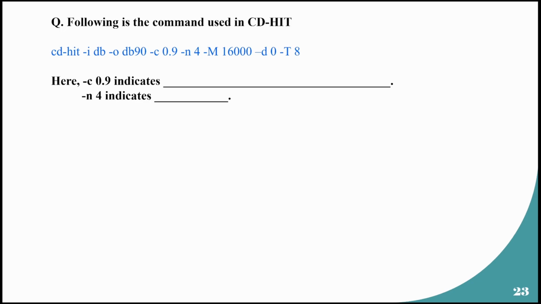So minus c of 0.9 means 90% identity for the clustering threshold. Okay, and minus n 4 is the word count. So n is the word size of 4. The word filter that the program is using is word size of 4.